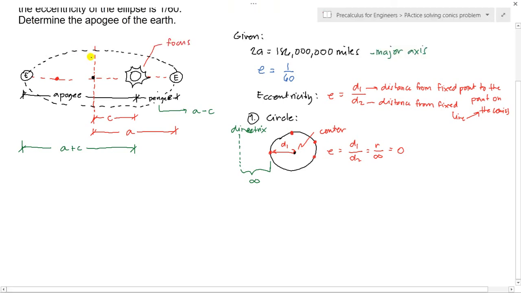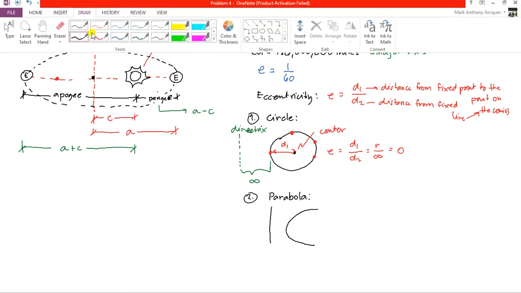So proceed ta sa second one. That is for the parabola. So for a parabola, muna iyahang forma. Ang curve, ania diri ang iyahang directrix. Ato siya ilisdan og color.